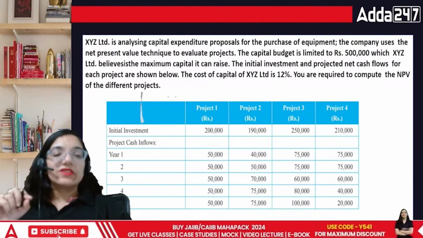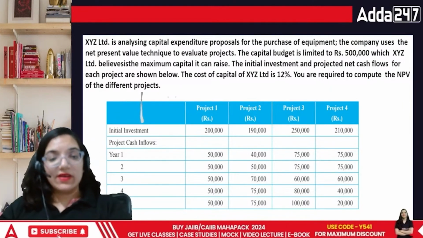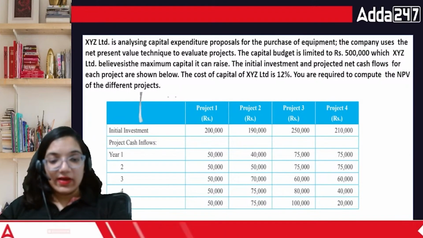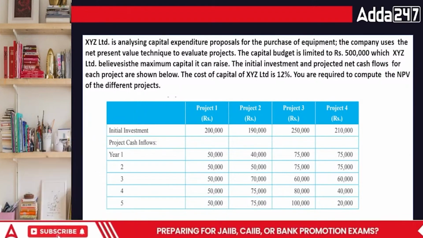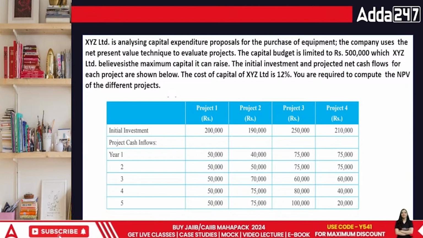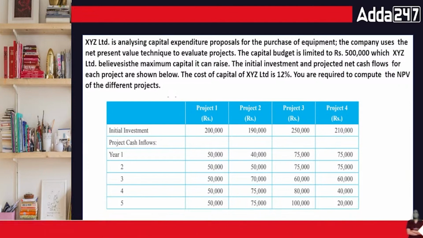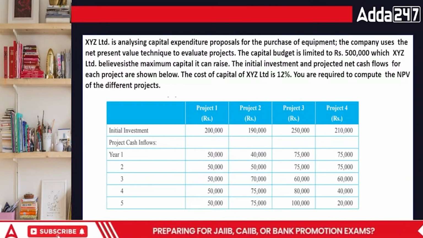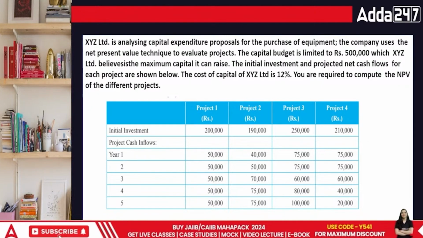Let's do a specific question from our book itself, everyone. I hope this is visible in a better way now. XYZ is analyzing an expenditure proposal for the purchase of equipment.